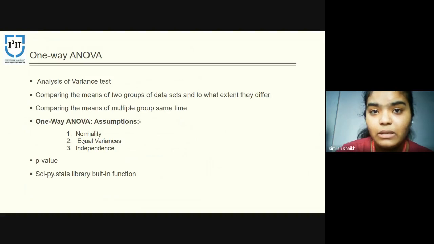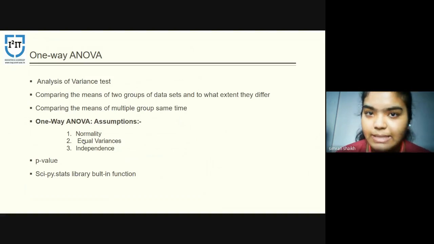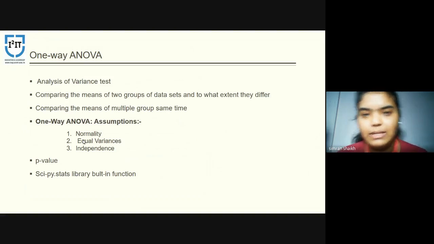But if the p-value is not less than 0.05, then we fail to reject the null hypothesis. Then you can say that the data set is not sufficient, and you need more data.